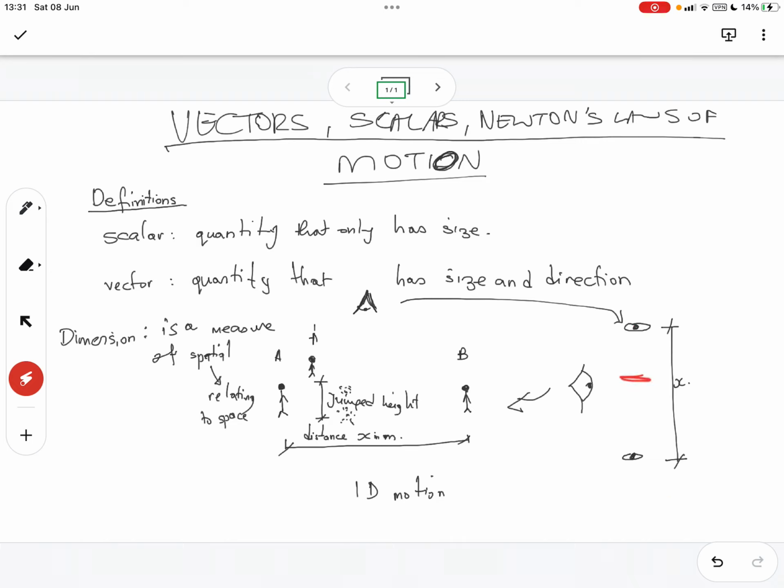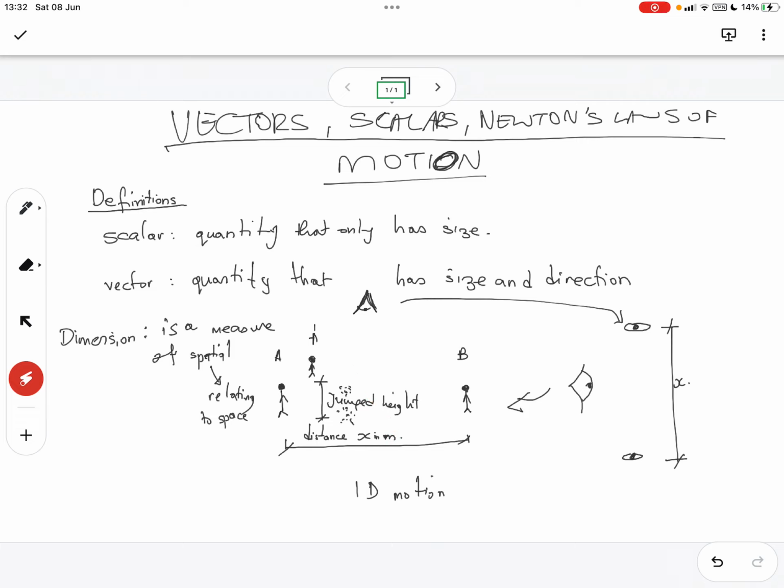Right, so what that would mean is that if we're looking at this scenario from this perspective, we will see a person jump up into the page. From here, we'd see them jump up into the page and then fall back down to a position there. So from the top, we'll still see them moving in one dimension.